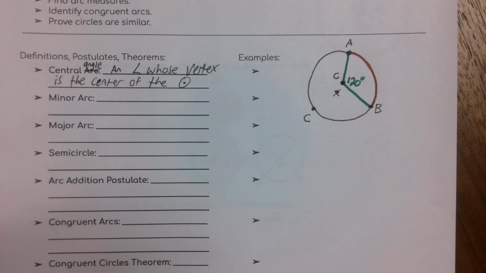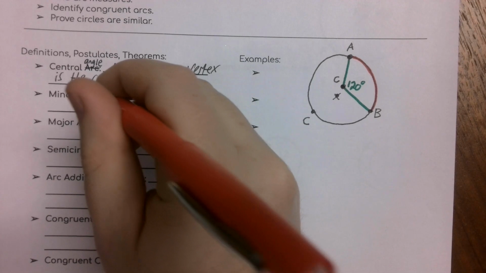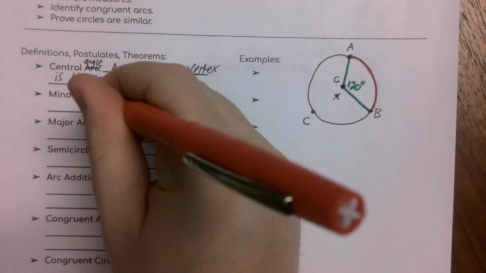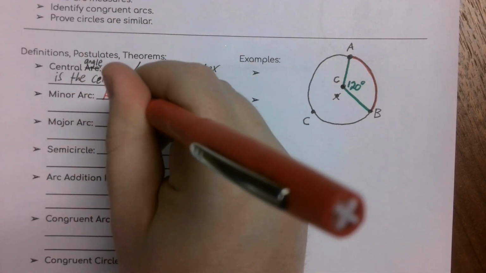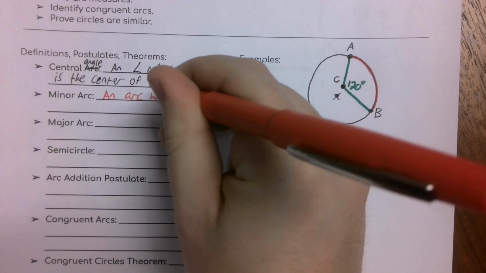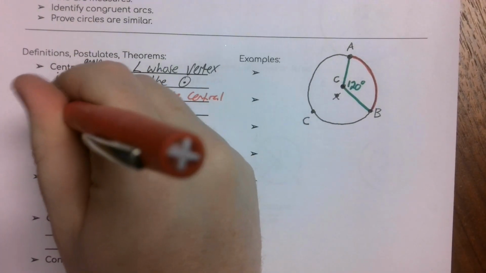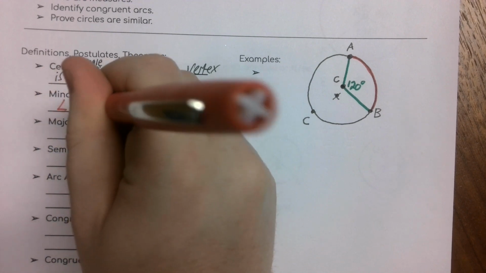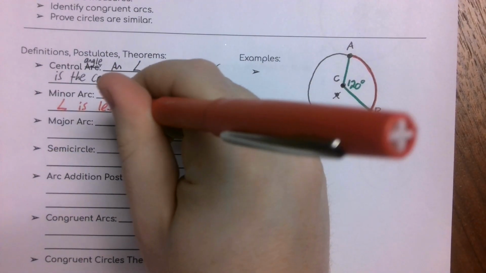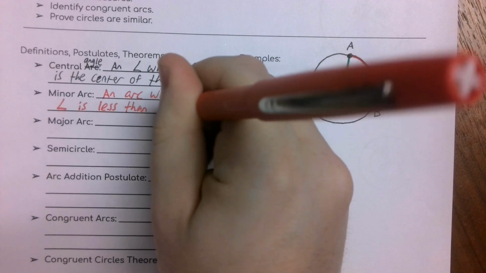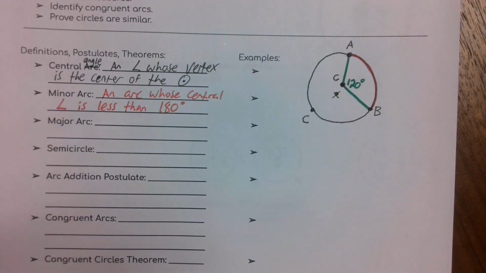A minor arc is essentially an arc that is less than 180 degrees. A minor arc is an arc whose central angle is less than 180 degrees.